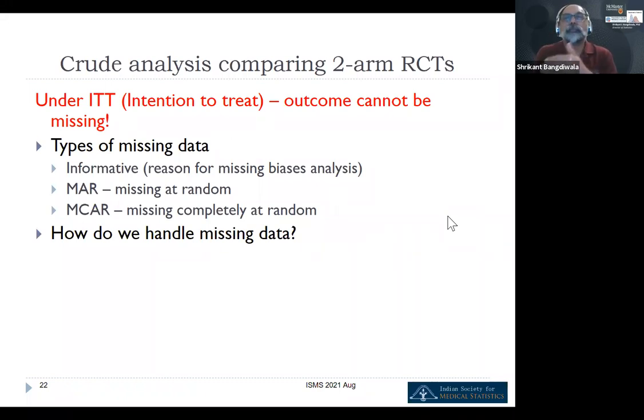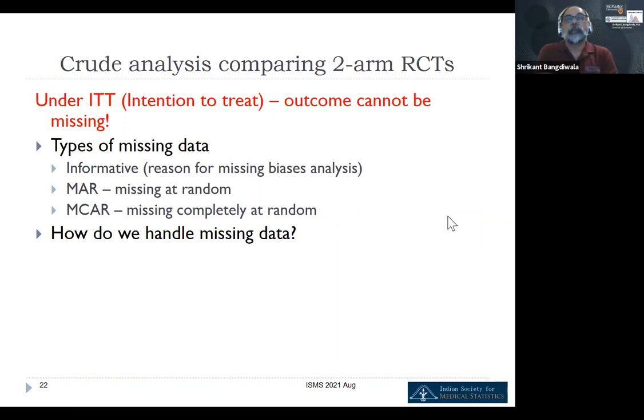And people like the outcomes to not be measurements because people get lost, etc. They like it to be a survival outcome, as I said. But sometimes the outcome is missing. And if it's evaluating the health status of a person, you don't want that person to disappear and not be measured.